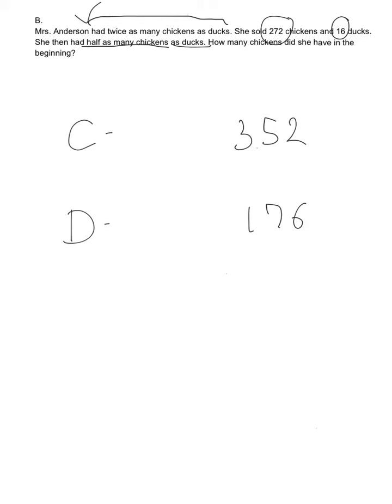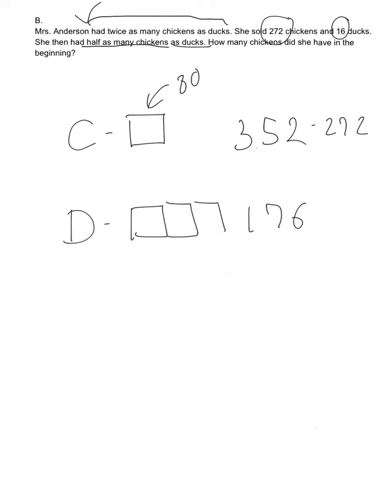So now, if I happen to take away 272 of those chickens, I'm going to be left with that little unit that was worth 80. Well, if I'm down here, and remember, we had twice as many ducks as chickens after all the sales.